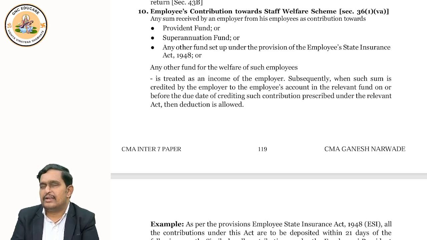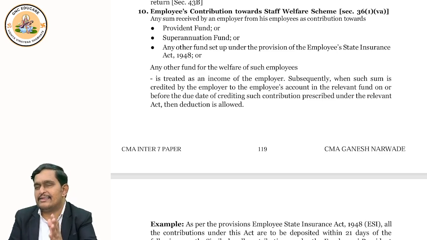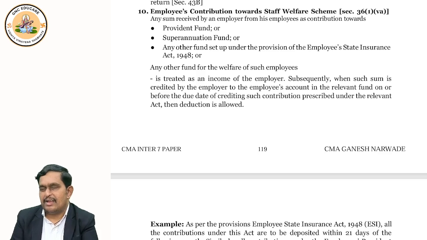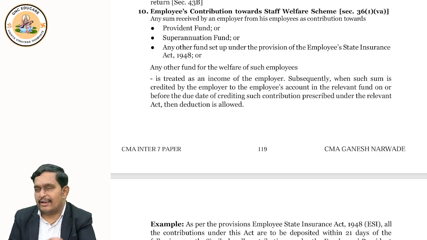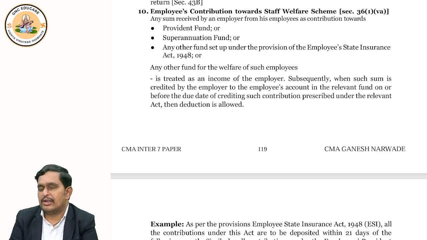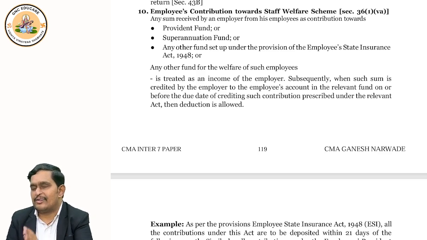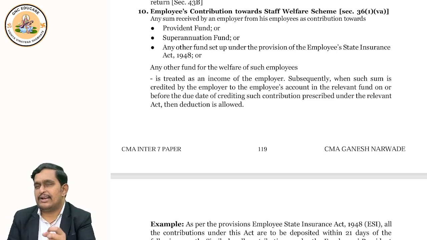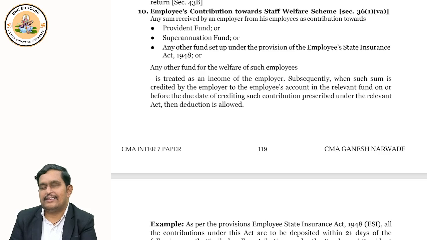Till the time the employer keeps the money with him, it is treated as his income. And once the employer deposits the money with the respective authorities, with the respective trusts, then he can claim the deduction. Mostly what happens in practice, I'll tell you. There are due dates for each law. If it is deposited within due date, then that's it.